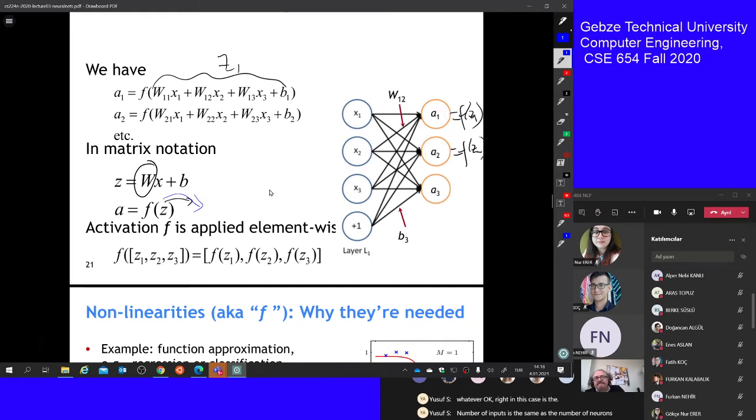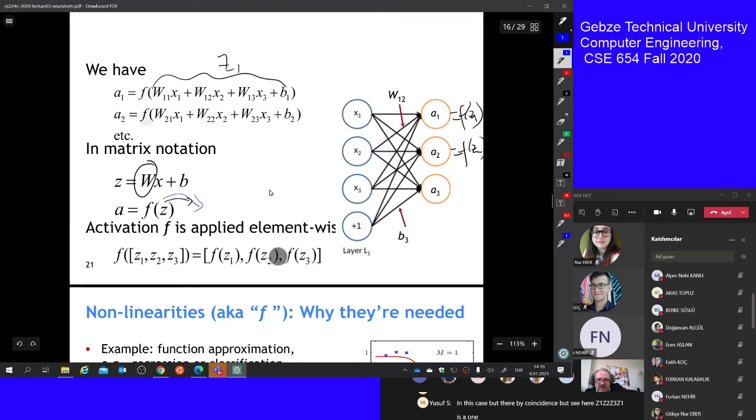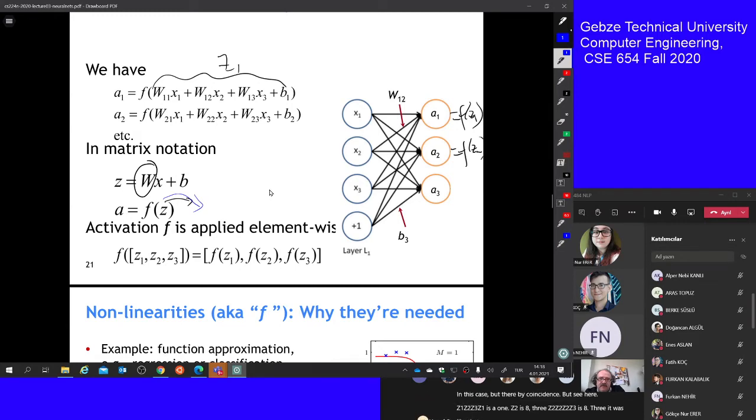But see here, Z1 is A1, Z2 is A2, and Z3 is A3. It goes like that. Good.